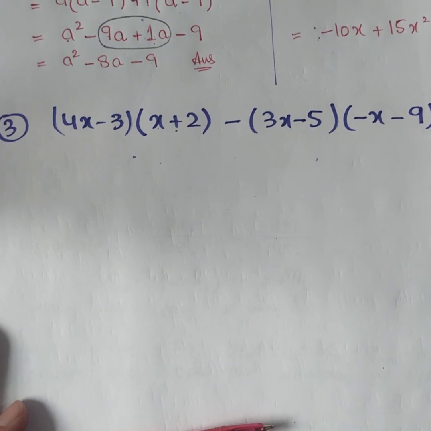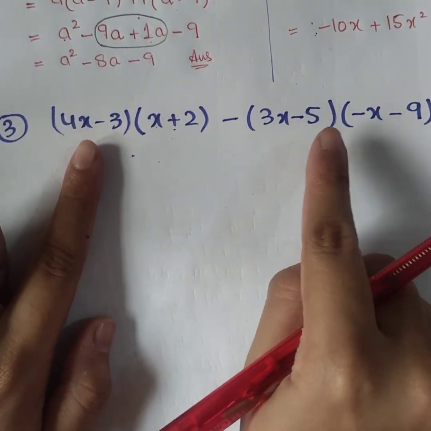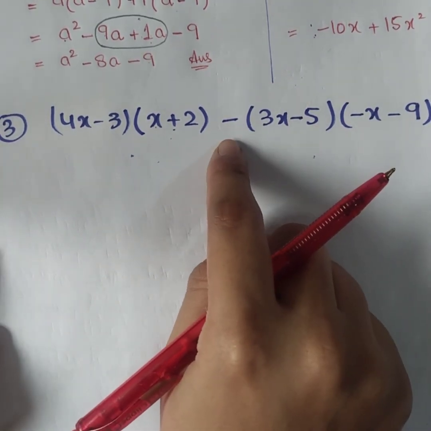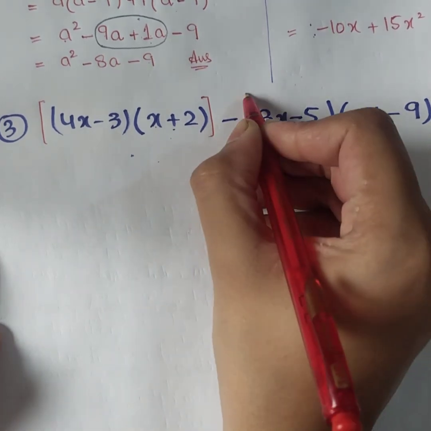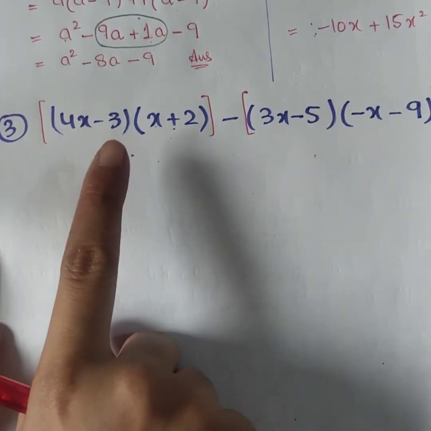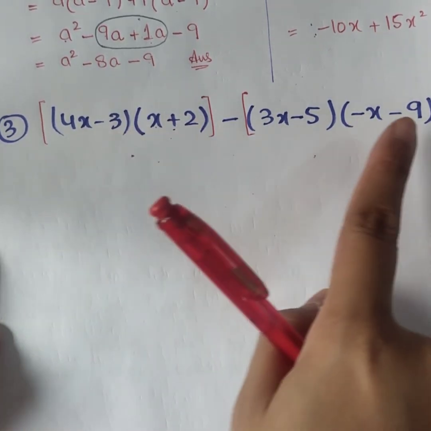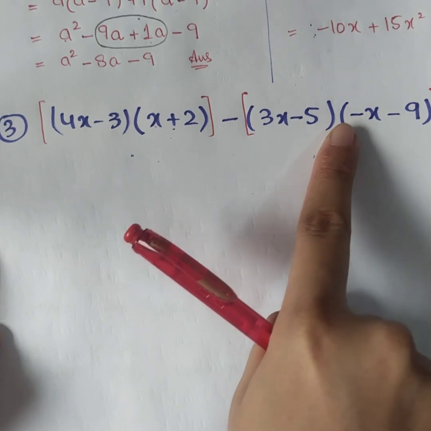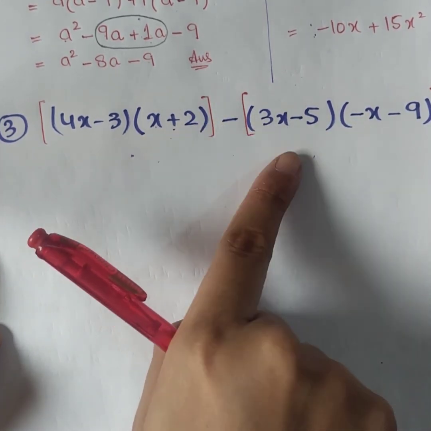So now we do these multiplications first, then we will move toward the other multiplication, and then we will focus on our minus sign. While solving them, I'm using square brackets so you will understand that we are first multiplying and solving this square bracket, then we solve the other square bracket, and in the last we will subtract these two terms.